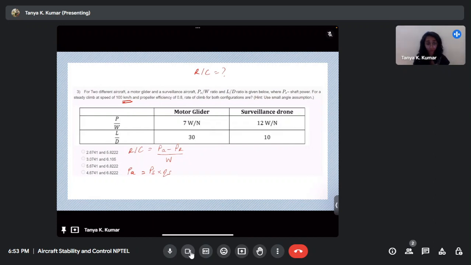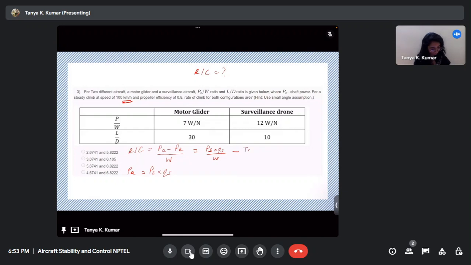Okay, now if we substitute it here, power available is PS into eta S by W minus what is power required? Power required is thrust required into velocity, right?